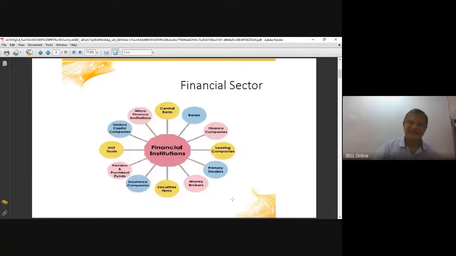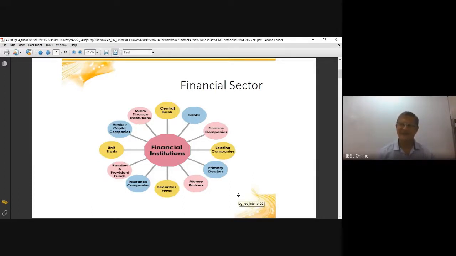Moving on to the next slide, I have put the financial institutions which come under the financial sector. You can see we have the central bank first. The central bank we call the regulator, or the godfather. The central bank gives directions to banks and other financial institutions.